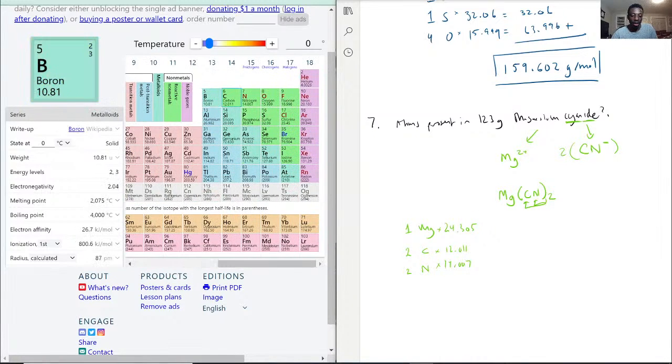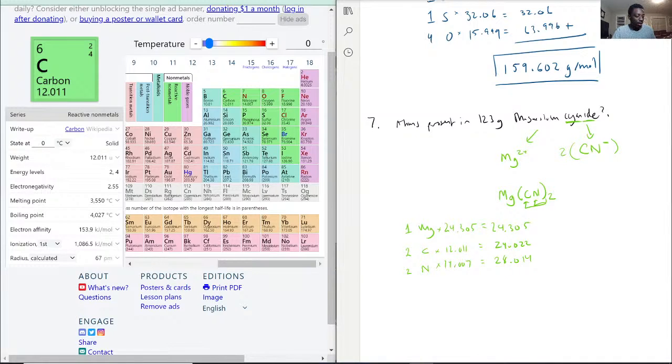Okay, and now what we get is same number here because multiplied by 1, and carbon times 2 is 24.022, nitrogen times 2 is 28.014.